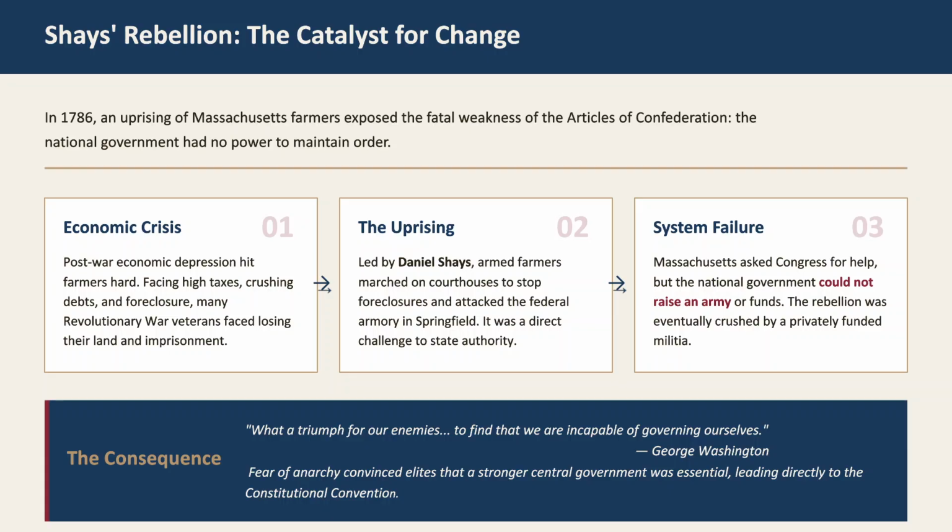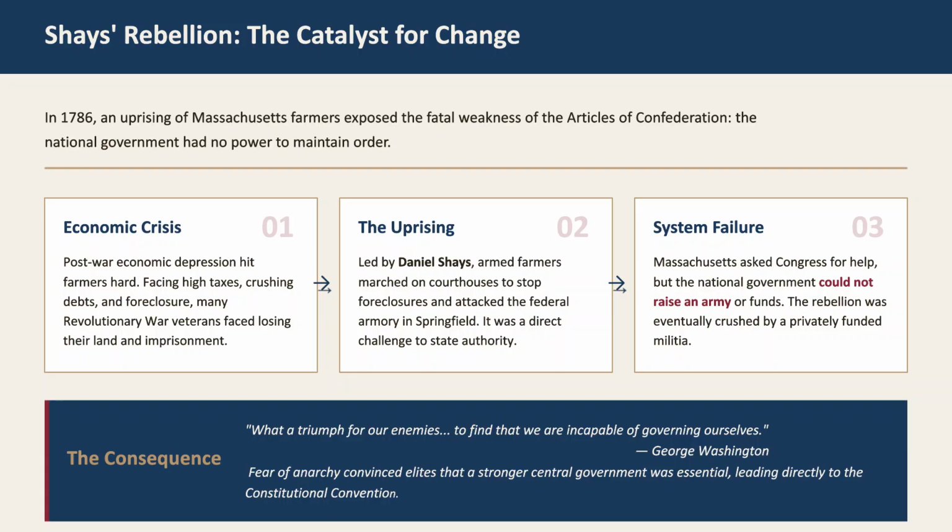Now, Massachusetts, as a state, requested aid from the national government. But Congress, being very weak, had no power to act. It had no money or authority to raise an army. The rebellion was ultimately suppressed by a private militia that was funded by wealthy Bostonians.